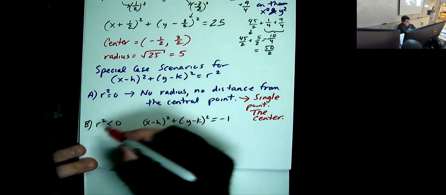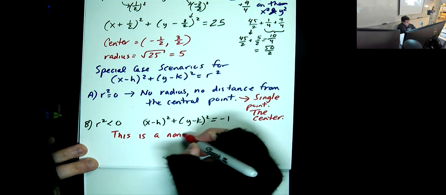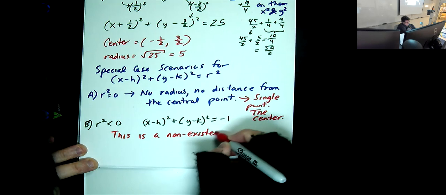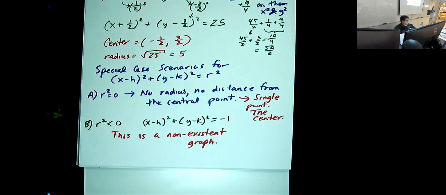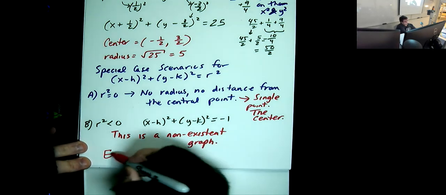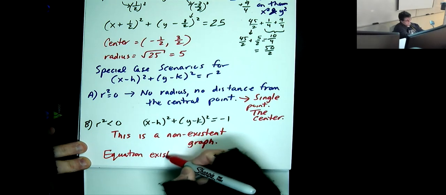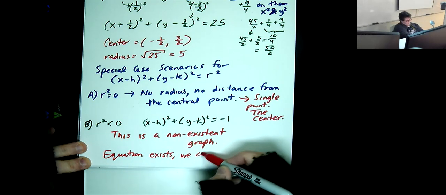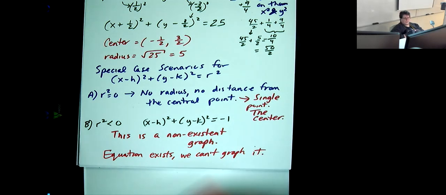This is a non-existent graph. We can still have the equation, we just can't graph it. So it doesn't really hold a lot of weight in the real world.